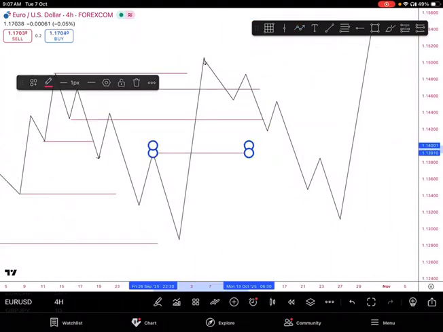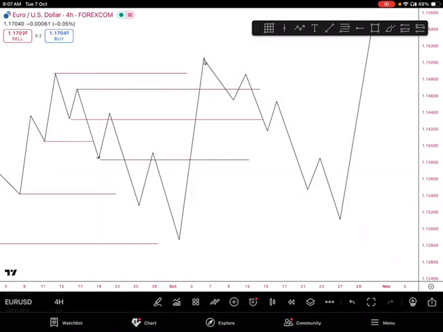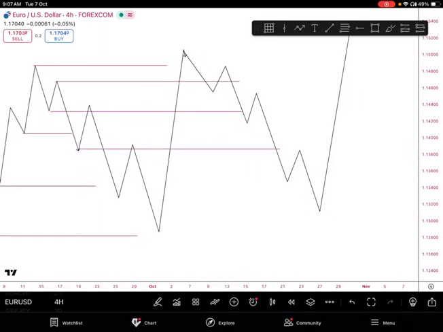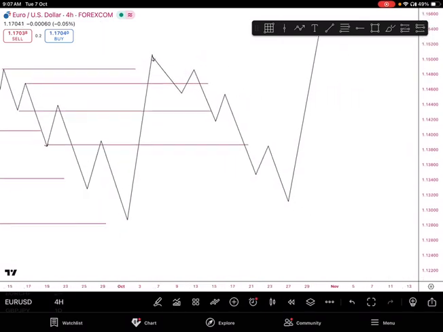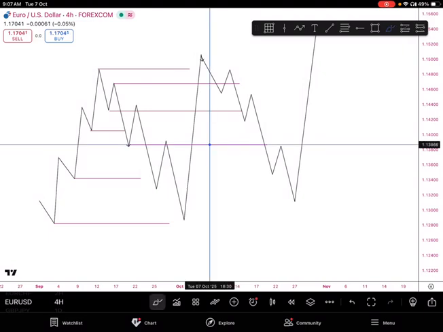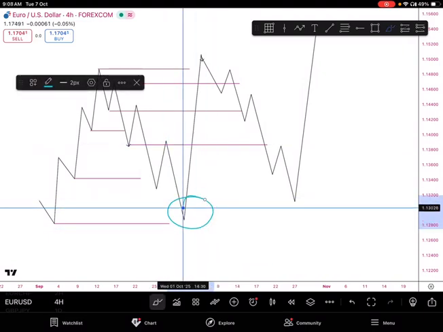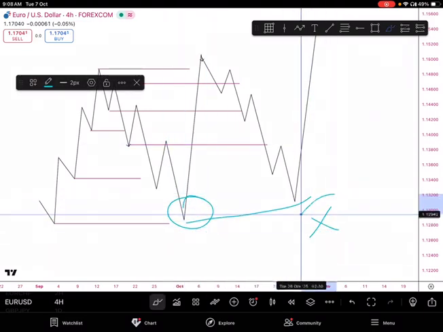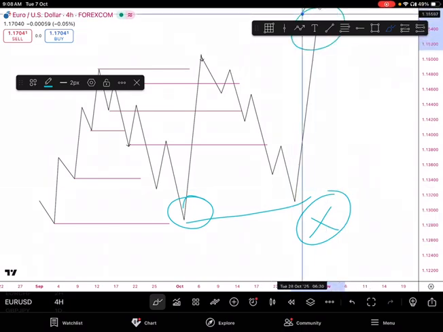It failed at all these fake order blocks. It never reacted from here and it came to this level. And this level wasn't broken, it made a new high.